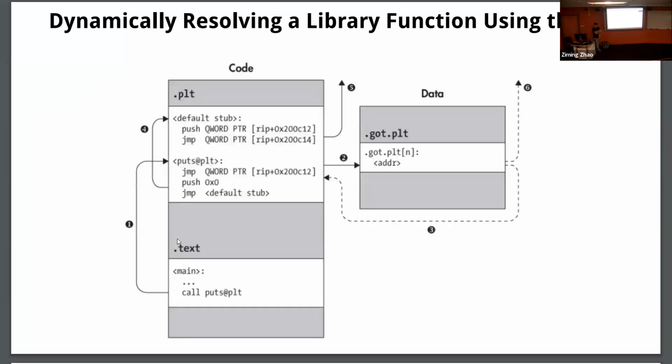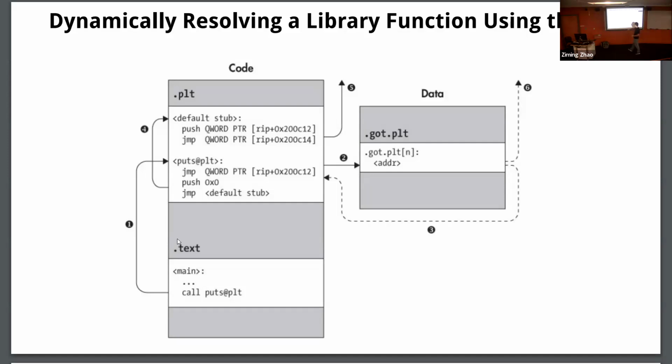So let's take a look at the figure. Let's say this part is your code. This is the library PLT table. This is the data section and the .got.plt table. Your code, this is the main function. The main function makes a C library function call. So printf will eventually call puts, and puts eventually will call the system call write.